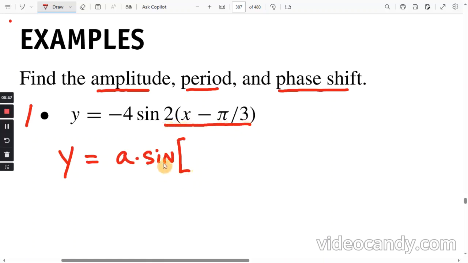I want people to be clear that this is the angle. So the 2 is factored out, and that's going to be x minus pi over 3. I'm still using the brackets, but that's going to be the sine of k times the quantity of x minus b.